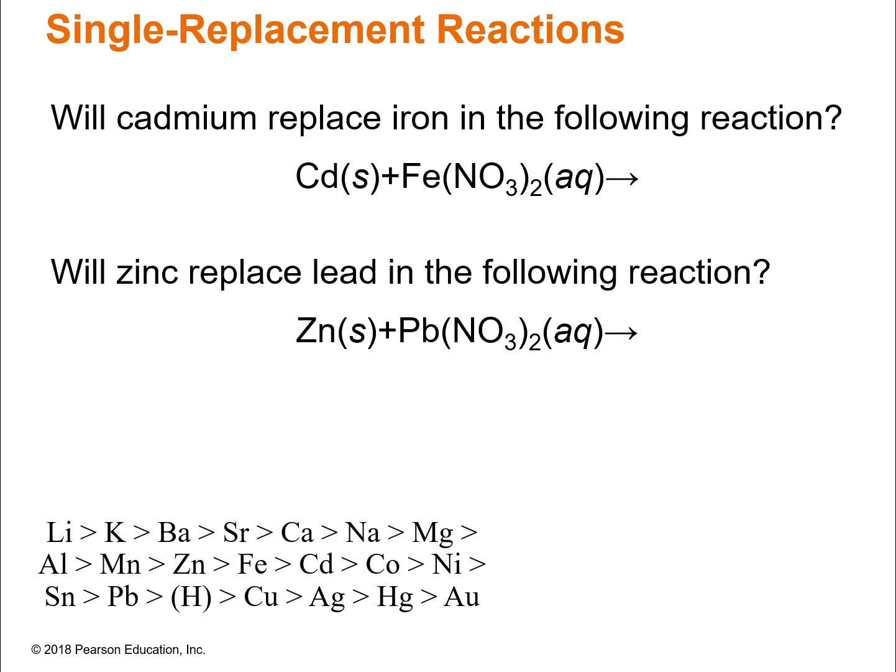So let's do some practice with that idea. I've got the activity series down here below. Let's do the first one. Will cadmium replace iron in the following reaction? We've got cadmium solid, and then we've got iron 2 nitrate. Will we have a reaction? Is there going to be a replacement?